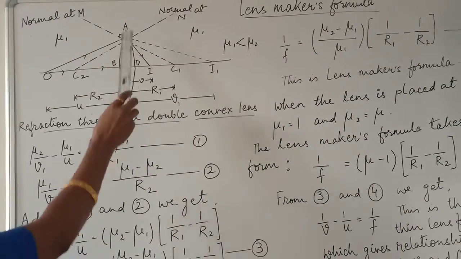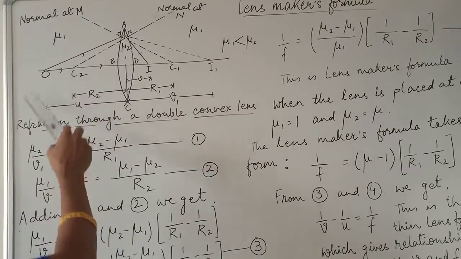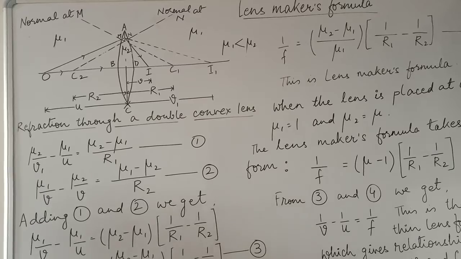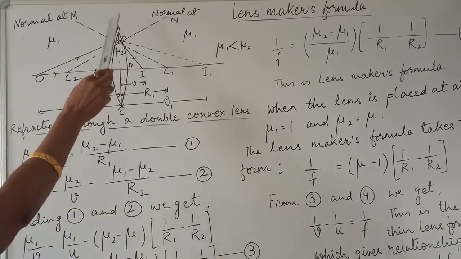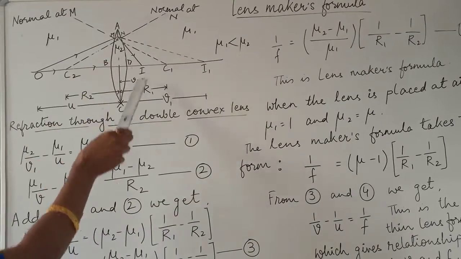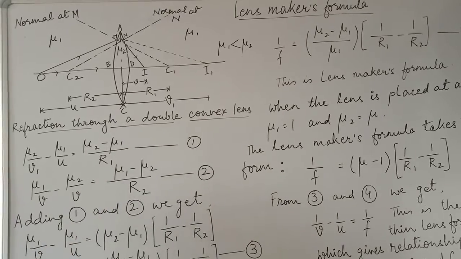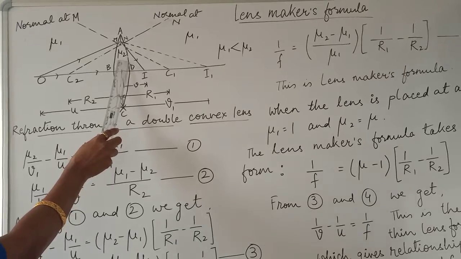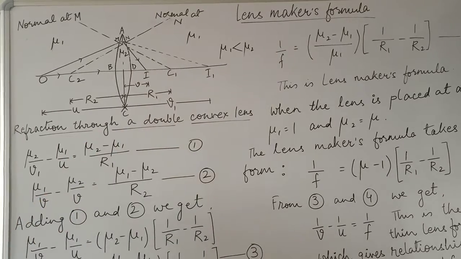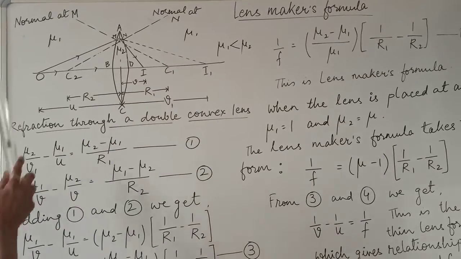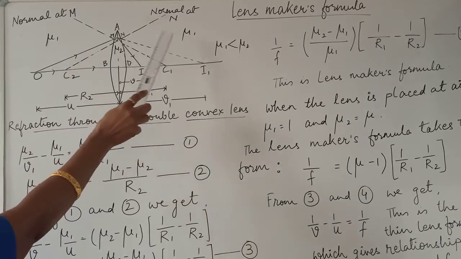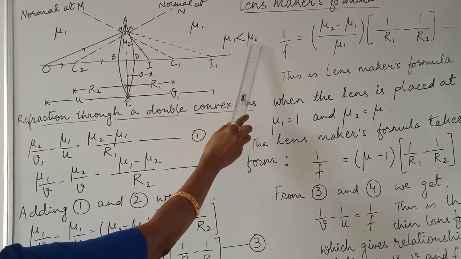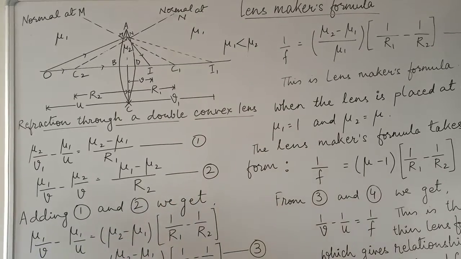Now you see the lens maker formula for a double convex lens. Now see the figure. Let's consider a thin double convex lens of refractive index mu2 placed in a medium of refractive index mu1. Here mu1 is less than mu2.